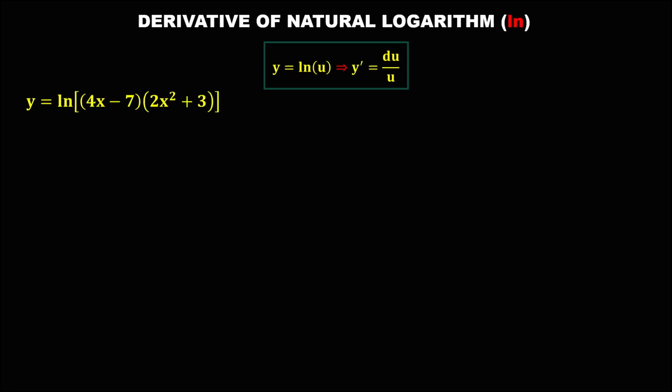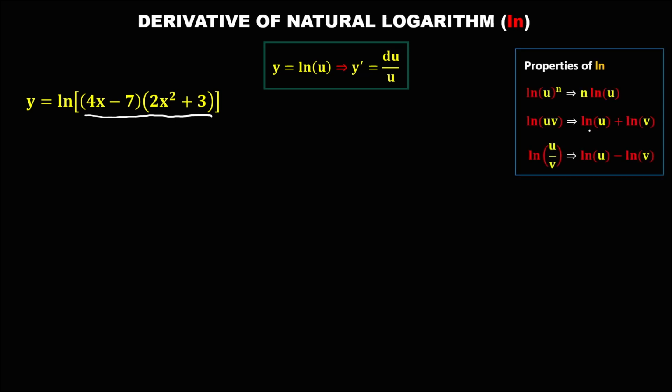Then for this given, to find the derivative, observe, we can use the product property of logarithm. And for the product property, we have u times v, which is equal to ln u plus ln v. So this is u and this one is v.